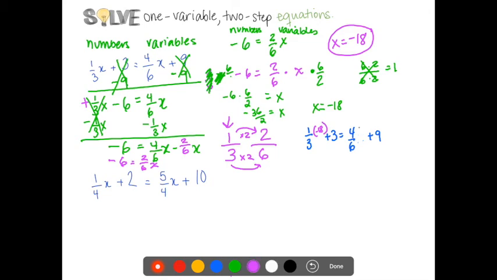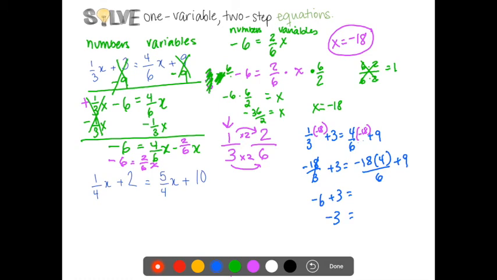And then I'm just going to go ahead and simplify. Negative 18 thirds here plus 3, and then negative 18 times 4 over 6 plus 9. Now negative 18 over 3 is going to give me a negative 6 plus 3. That's going to give me a negative 3 on that side.